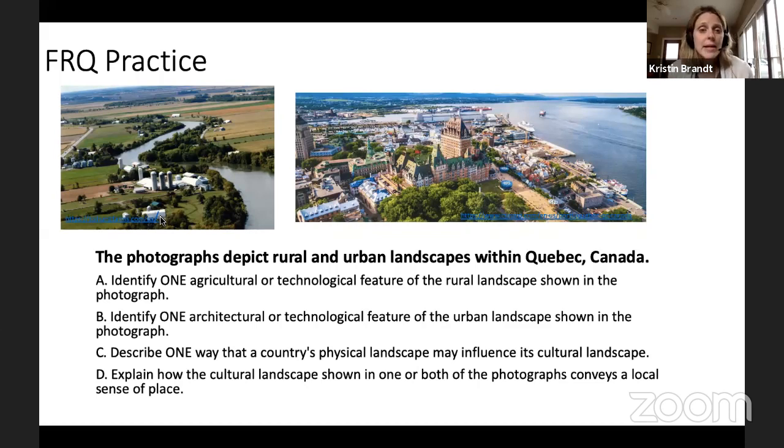When we look at A, identify one agricultural or technological feature of the rural landscape shown in the photograph. Do you see these long lines stretching out from the river? I might talk about long lots. That's a very European system, trying to keep all the soil the same, so that European influence on Quebec farmland.